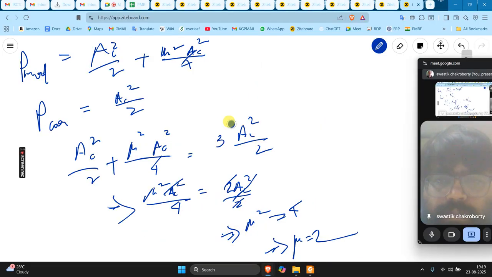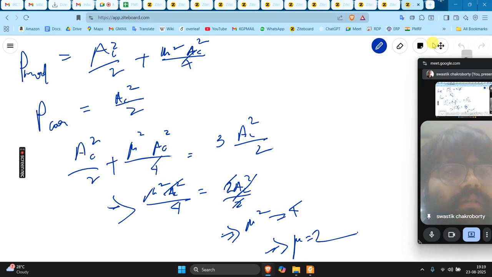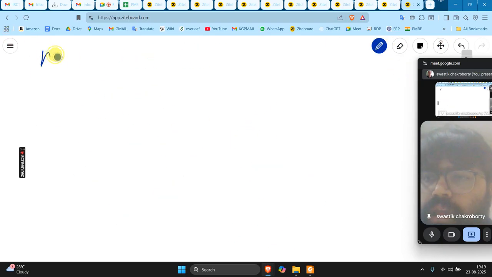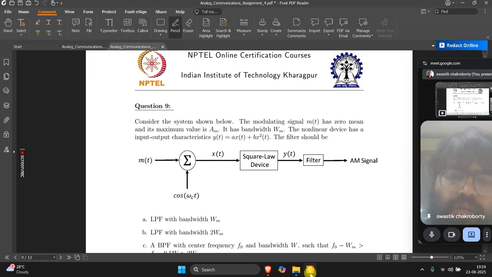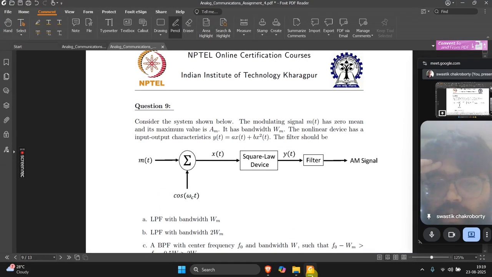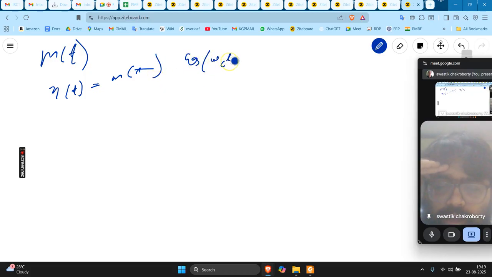We have a signal called m(t). m(t) gets multiplied with cos omega c t to give us x(t). So x(t) is m(t) cos omega c t. It gets multiplied with the carrier.